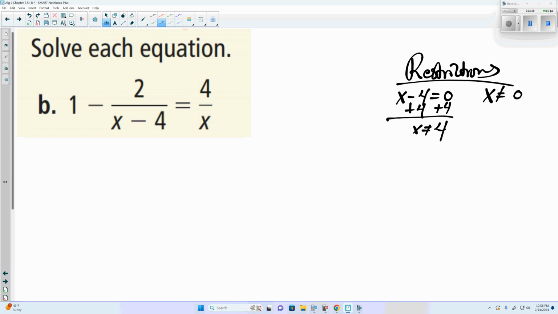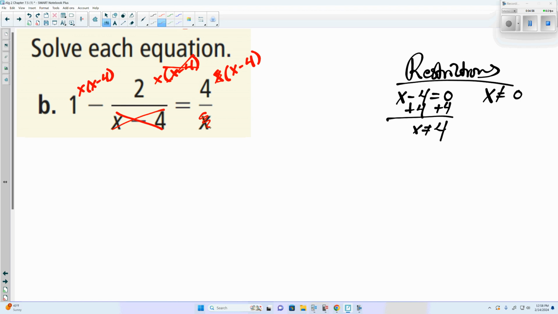Now what do we need to multiply everything by? So x minus 4, because our middle term needs to be multiplied by x minus 4 and x. Because our x for this one here would cancel out with our x.